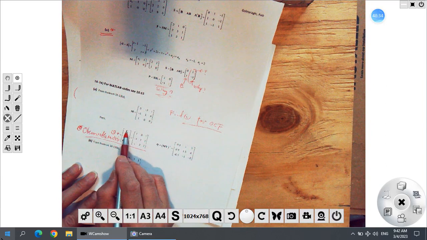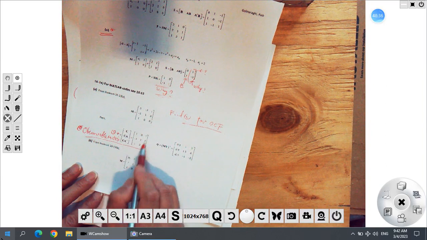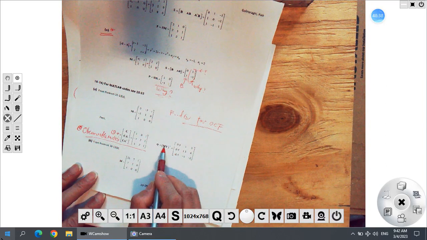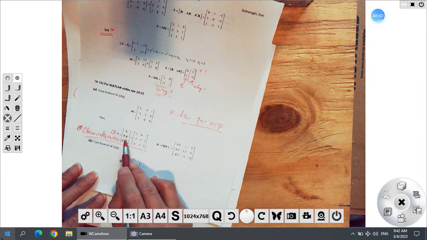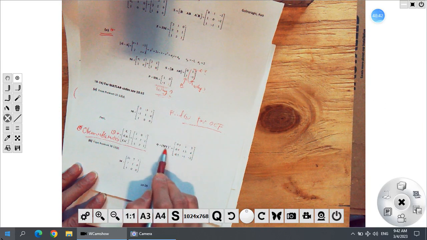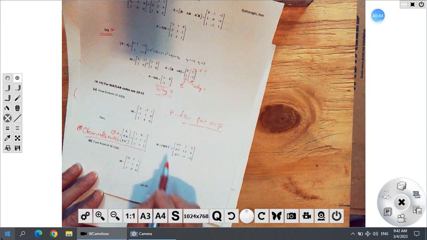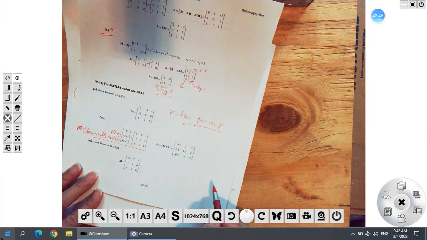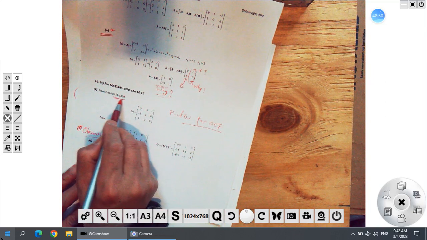So say A and A squared. You have this matrix. Then follow the formula: M times V inverse. Here it's the same problem from previous 10-13.